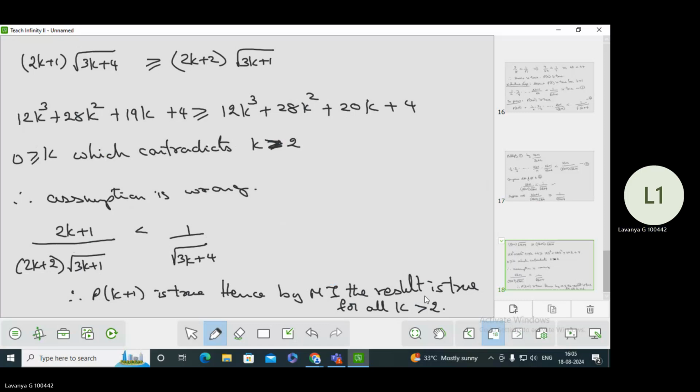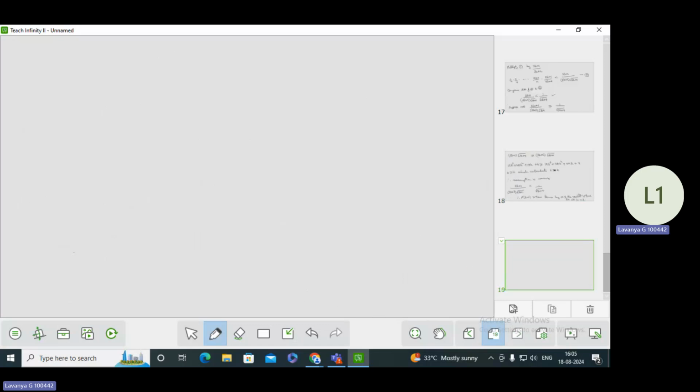Next. All of you will be familiar with De Morgan's laws as we have already dealt with set theory in our unit 1. Based on that, let us try to prove the result using mathematical induction. So this is going to be our example 7. Let A1, A2, etc., An be any n sets.